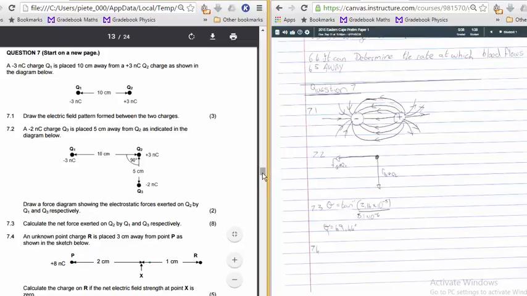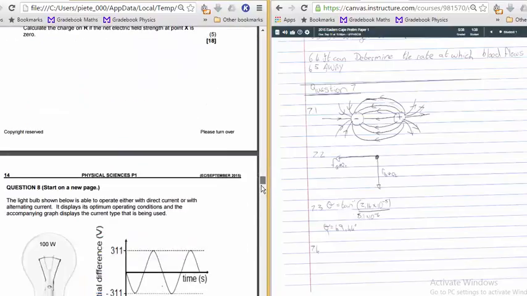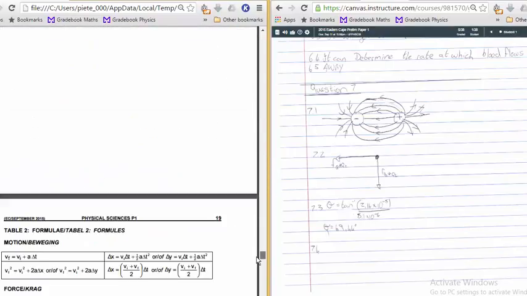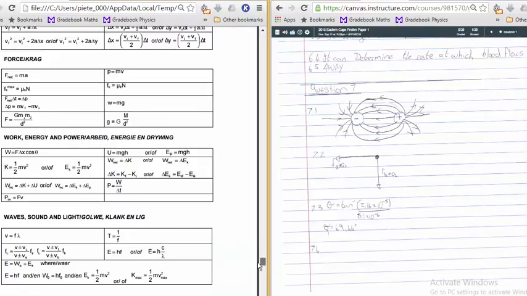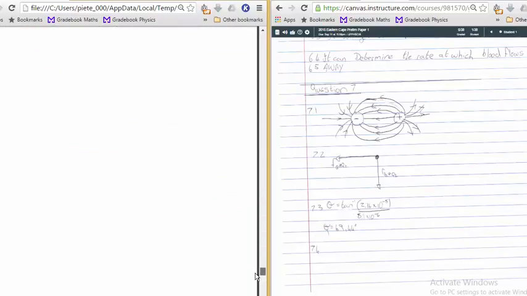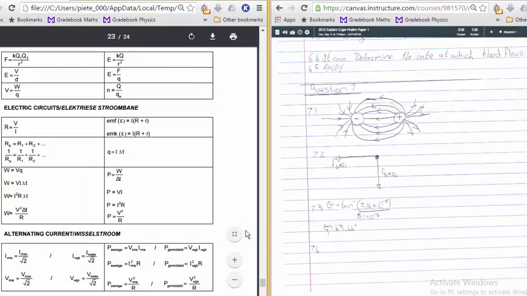If we look at our formulas, how do we calculate force? Okay, where are those formulas? Here we go.